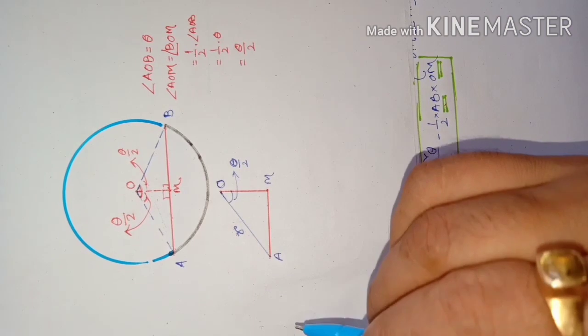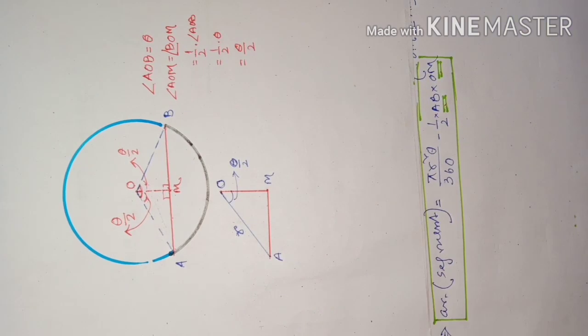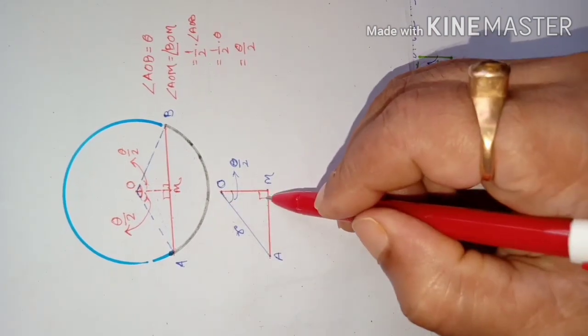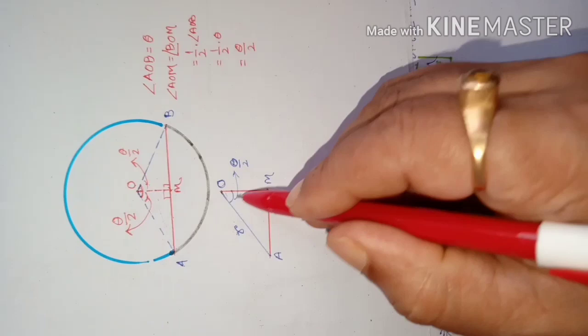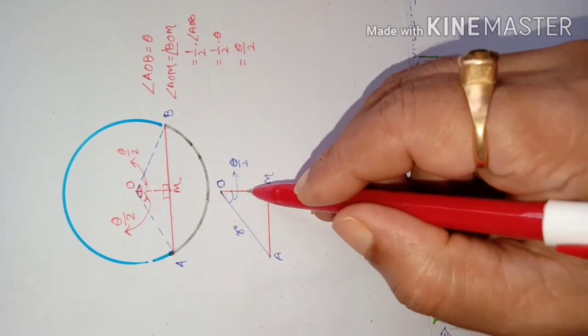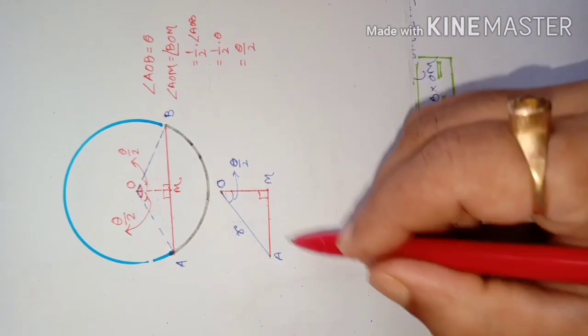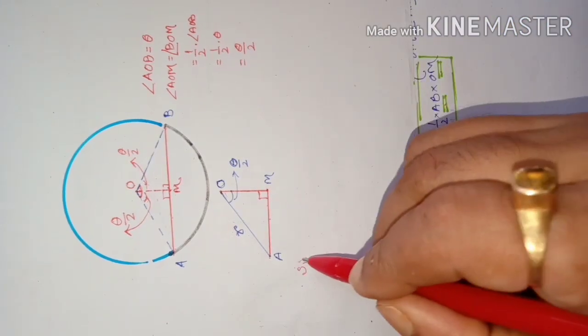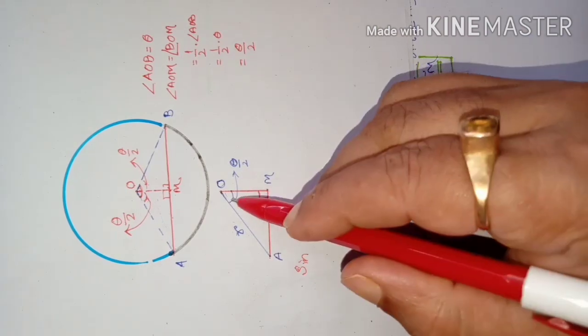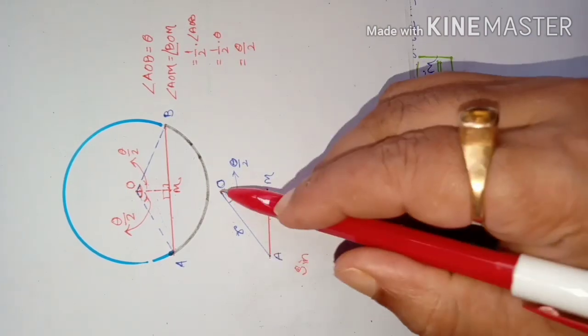Now, dear students, recall trigonometry. This is 90 degree, this is hypotenuse, and with respect to this angle, this is base and this is perpendicular. Sine of the angle, that is theta by 2, this angle I am saying AOM.